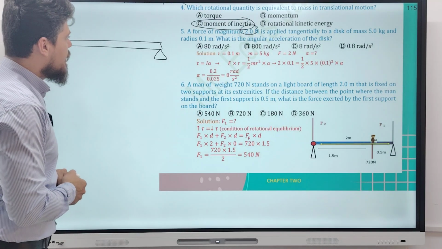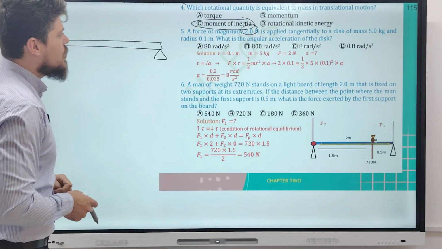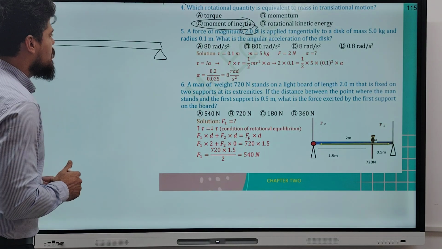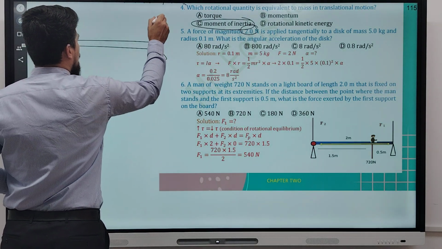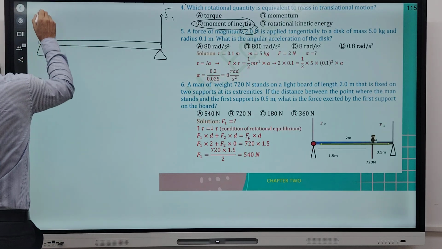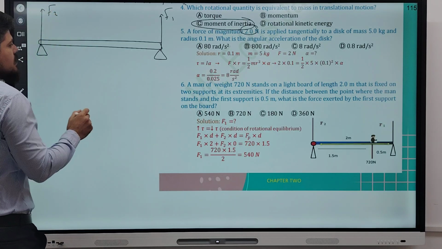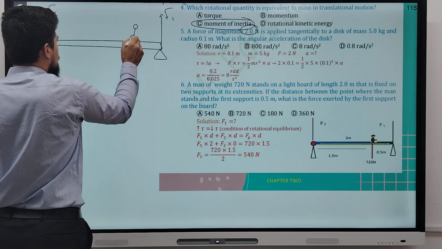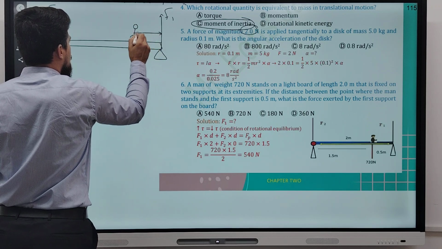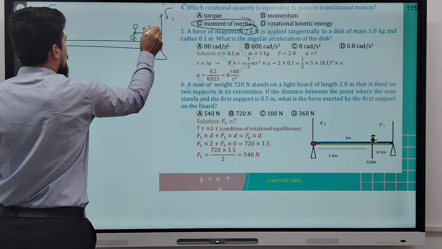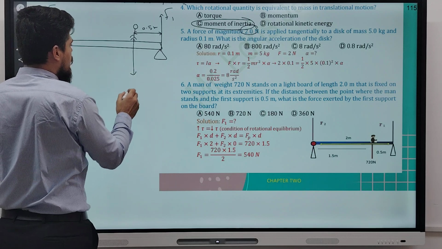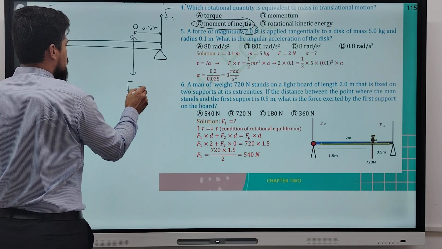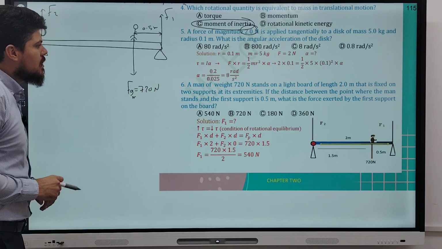If the distance between the point where the man stands and the first support is 0.5 meter, this is F1, the first support, and this is F2. The man stands 0.5 meter from this. So his weight Fg is 720 Newton.